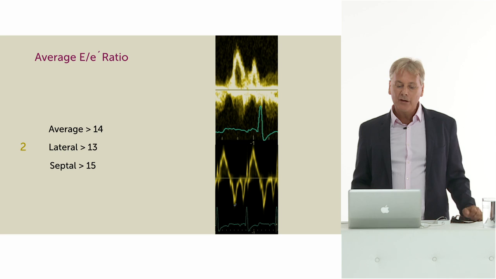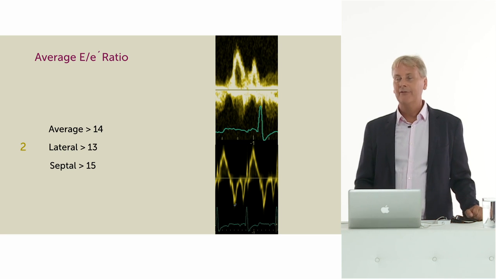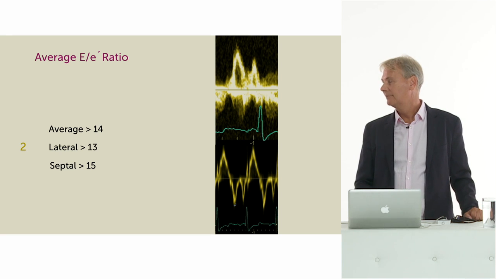But I guess the better way to do it is to use the average, right? Of course, it's better. Sometimes maybe you don't get both if there are bad echo conditions. Then the guidelines say you can use only one of them. That's also a reason why it's separated. But usually you can measure both, and then you should average it. It's more accurate.